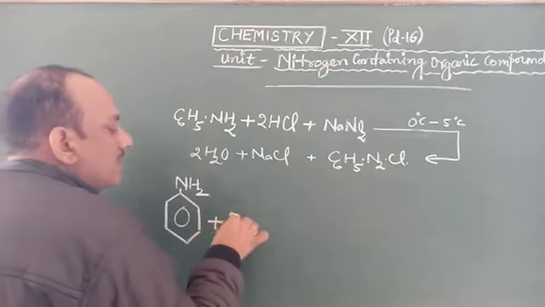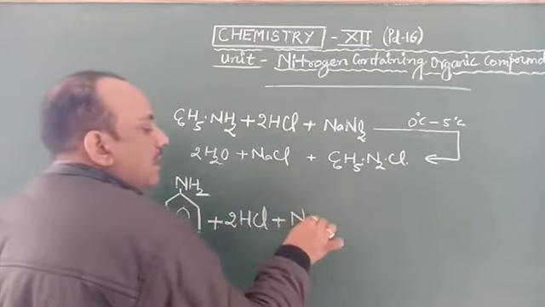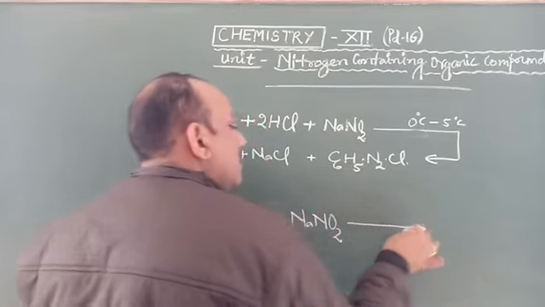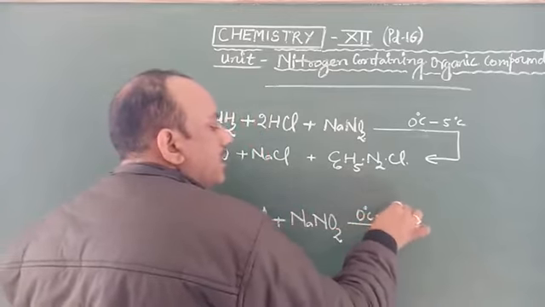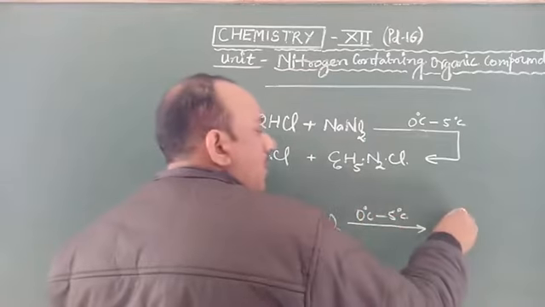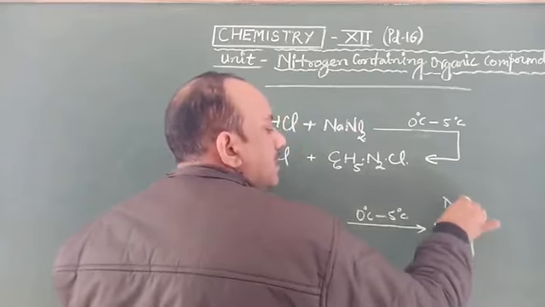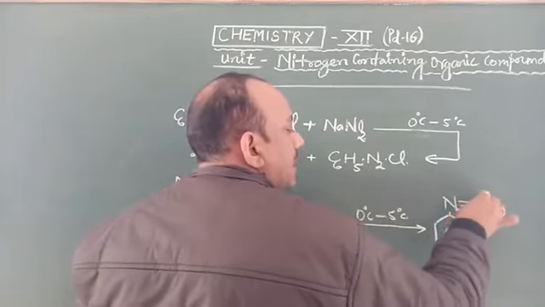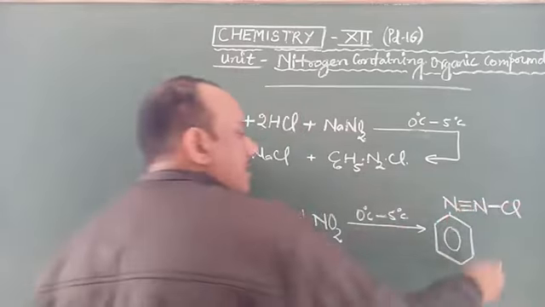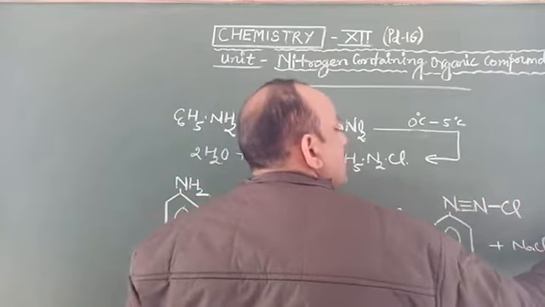It reacts with HCl and sodium nitrite NaNO2 at 0 degrees Celsius to 5 degrees Celsius to form the diazonium salt, with N triple bond NCl, plus NaCl with water 2H2O.